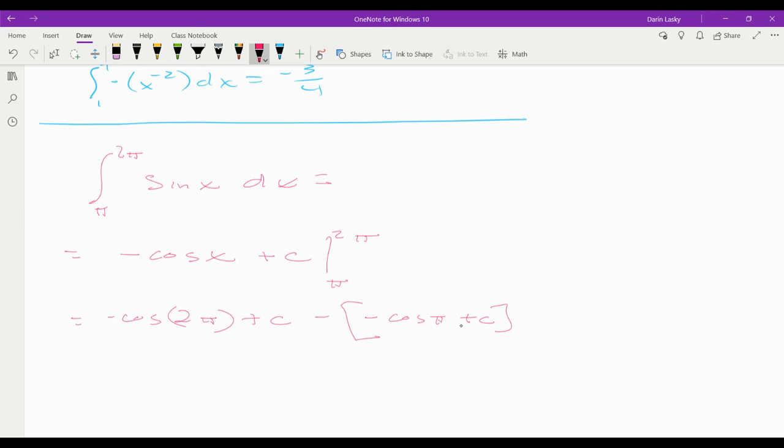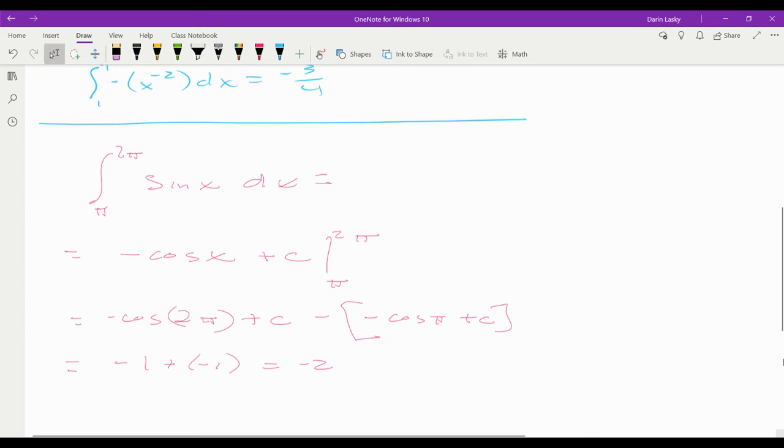Negative cosine of 2 pi: 2 pi is all the way around. So what is our cosine value? Our cosine value is 1, so we get negative 1. And negative times a negative is a positive, so we're going to get a plus. And the cosine value of pi is negative 1. The c's are going to cancel, so my answer is negative 2. So the integral from pi to 2 pi of sine x dx is negative 2.